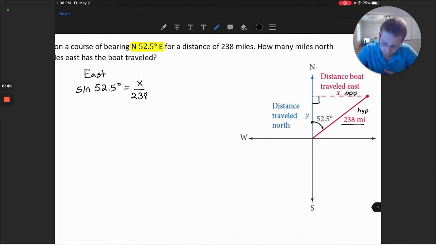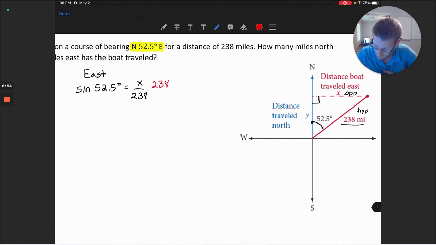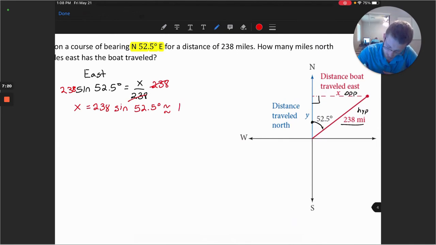We can multiply by that distance on both sides, so 238, and we can solve for that x. So here, x, the distance that I've gone east, is 238 sine of 52.5 degrees. If we put this in our calculator in terms of degrees, we'll find this to be approximately 189 miles east.